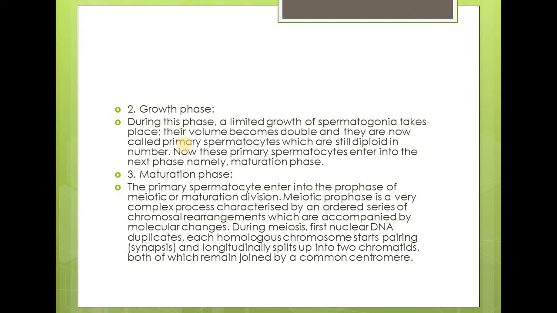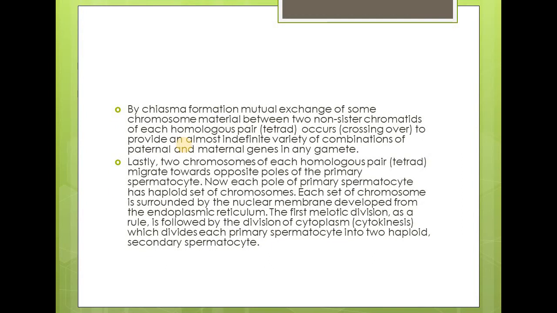During meiosis, first nuclear DNA duplicates and each homologous chromosome starts pairing, which is called synapsis, and longitudinally splits into two chromatids, both of which remain joined by the common centromere. By chiasma formation, mutual exchange of some chromosome material occurs between the two non-sister chromatids of each homologous pair, providing an almost indefinite variety of combinations of paternal and maternal genes in a gamete.